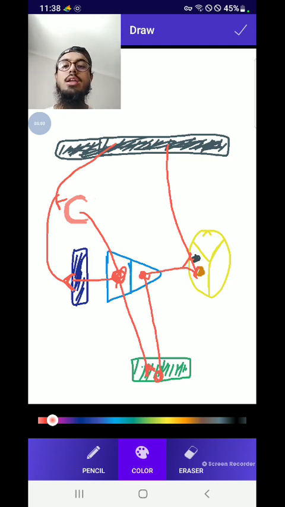Now I show how it controls the activity of the indirect pathway and what its function is. First I tell you the function. Guys, the indirect pathway is involved in decreasing motor activity. In this manner it prevents unwanted movement. For example, I am sitting and I do not feel like moving like a dance. If my mind is thinking I do dance, then I dance.